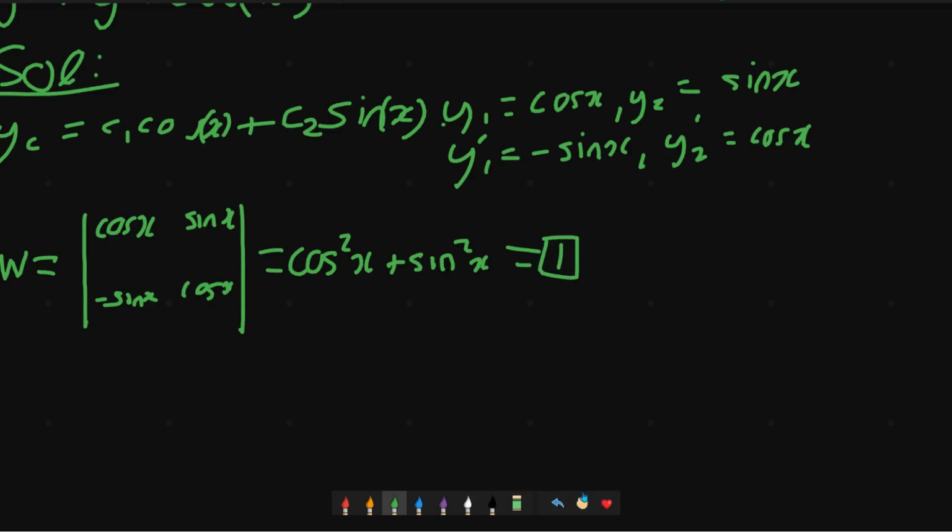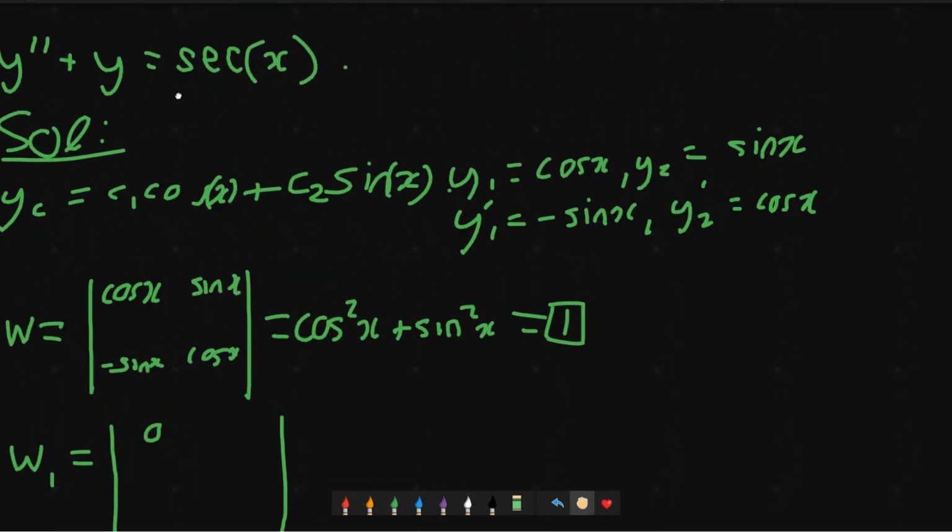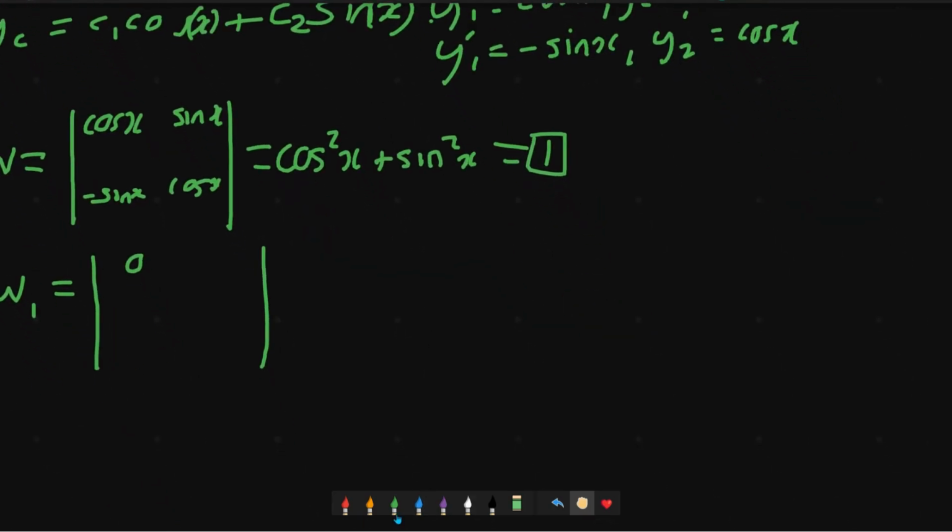So that's very nice. And now we're going to get our W1, which is going to be, so we do 0 and f of x, which is secant x, so it's going to be secant x here, and then we just leave the second column as it was, sine x and cosine x.